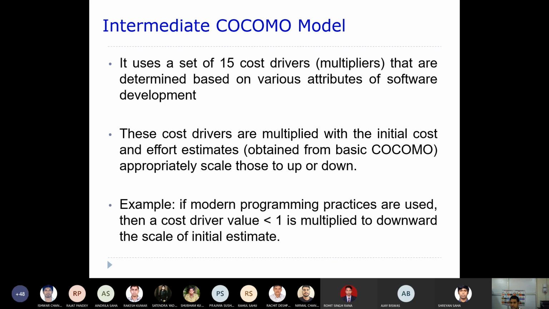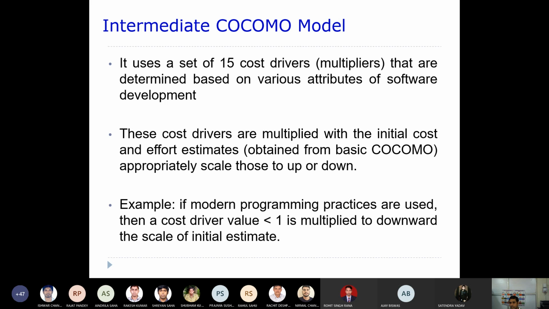Can anyone answer? It decreases our effort. Yes, that actually decreases it. Because if you multiply by 1.5, the effort will increase, but if you multiply with less than 1, the effort will decrease.